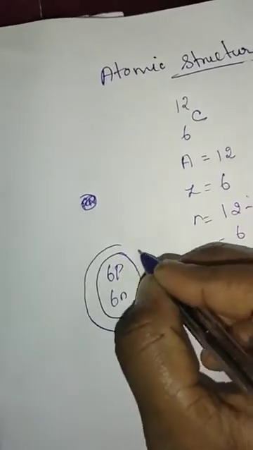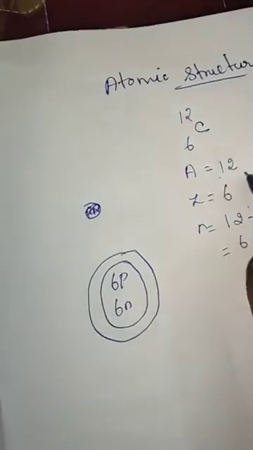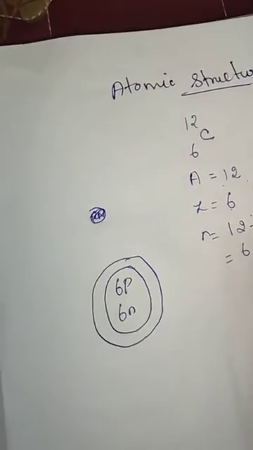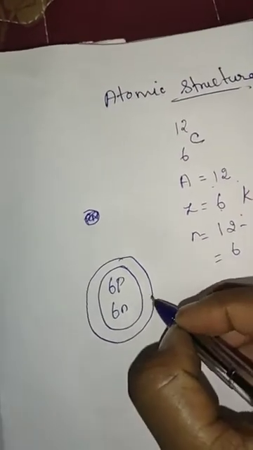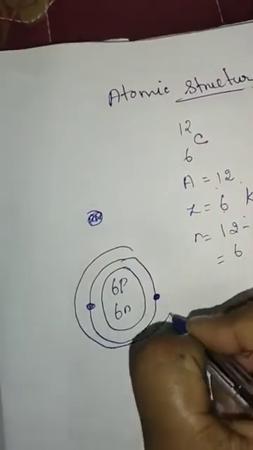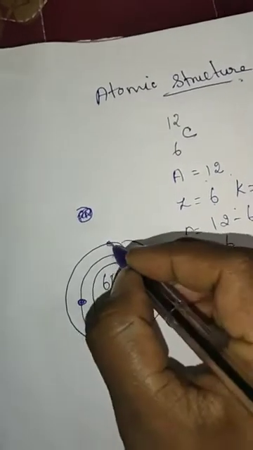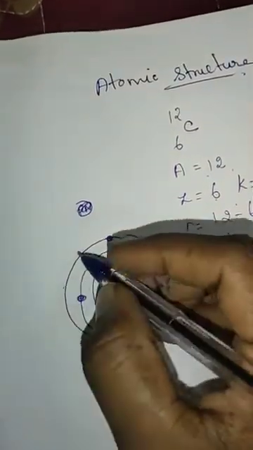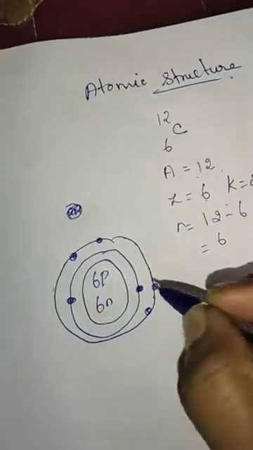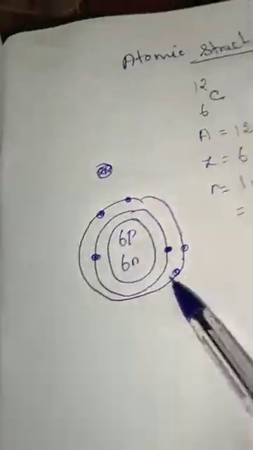Outside, write the electronic configuration for 6: K is equal to 2, L is equal to 4. So in the first orbit put 2 dots, and in the next one 4. So this is the atomic structure. Like this you have to draw.